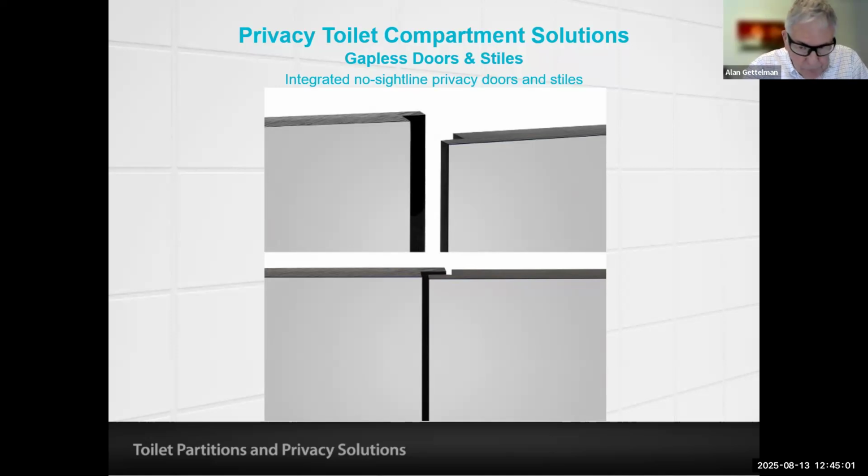And then in the bottom photograph, you'll see when the door is closed up against the style that the routed edges overlap and eliminate any gap sight line in and out of the compartment. And when the door is closed, as shown in the bottom photograph, you have a clean aesthetic across the face.